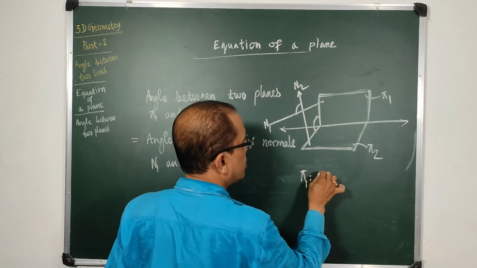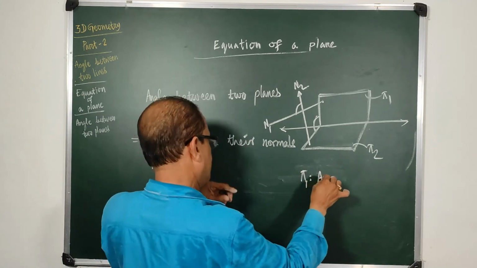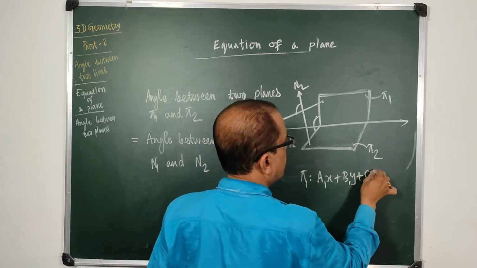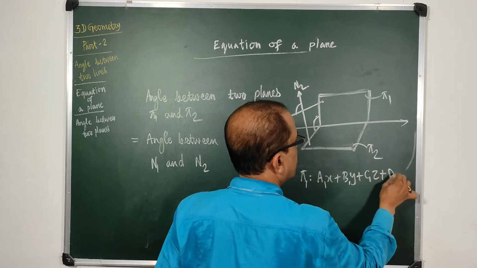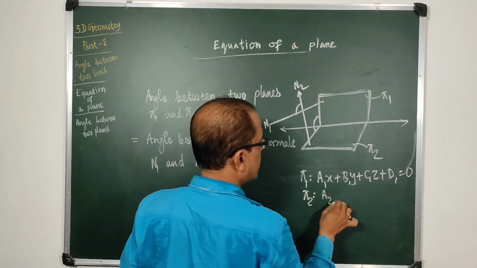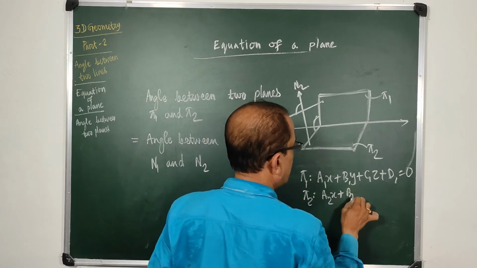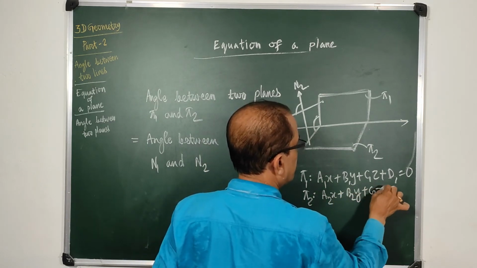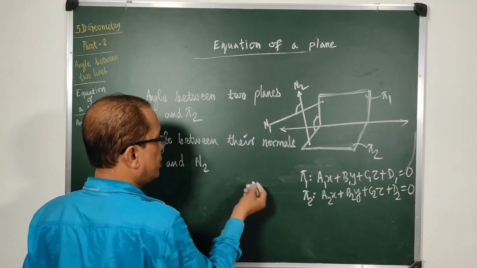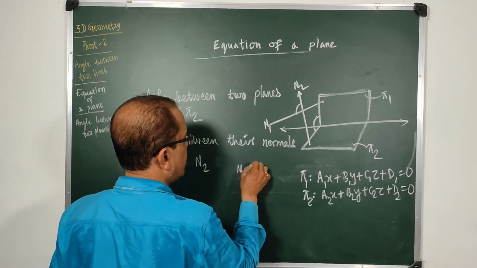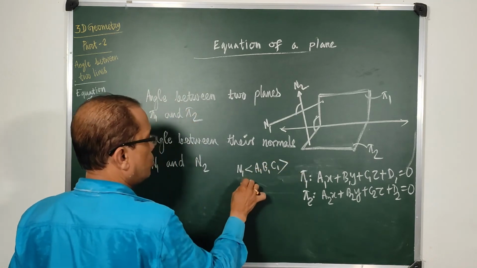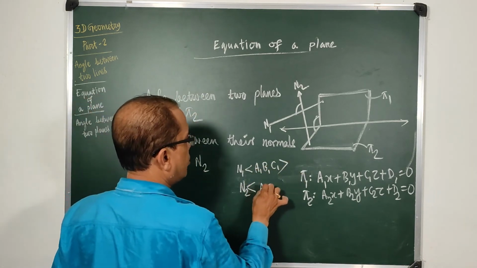Say pi 1 is represented by a1x plus b1y plus c1z plus d1 is equal to 0, and the second plane is given by a2x plus b2y plus c2z plus d2 is equal to 0. Then we get two sets of DRs. For n1 the DRs are a1, b1, c1, and for n2, the second normal, the DRs are a2, b2, c2.